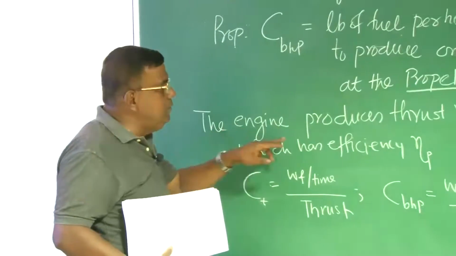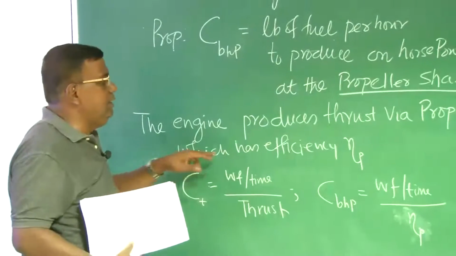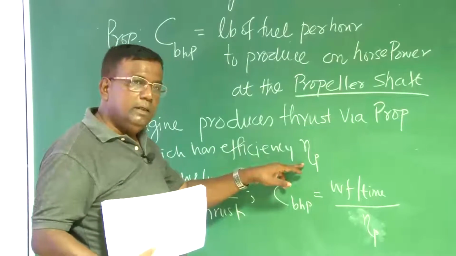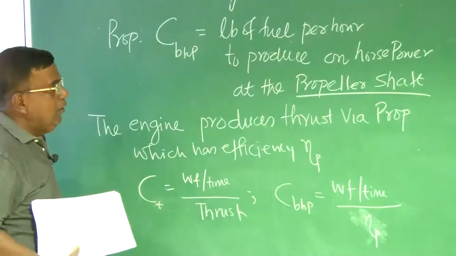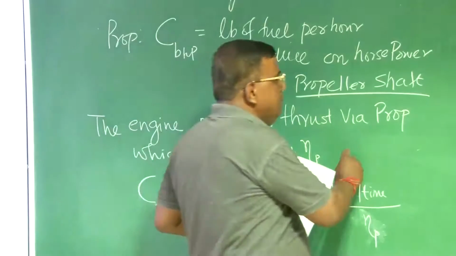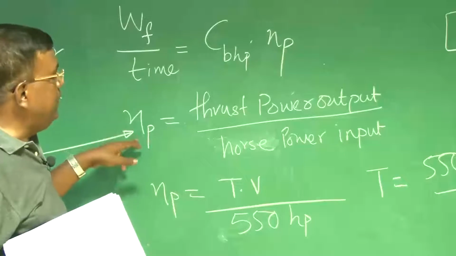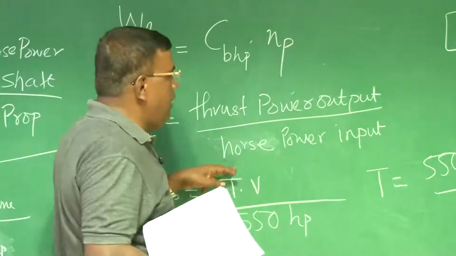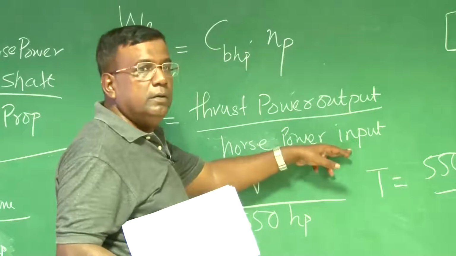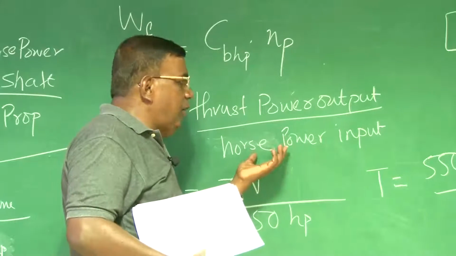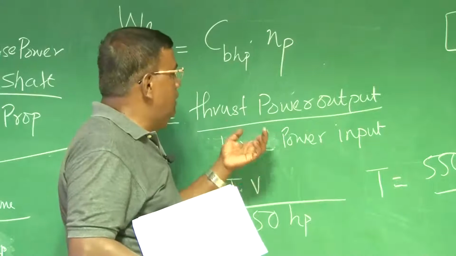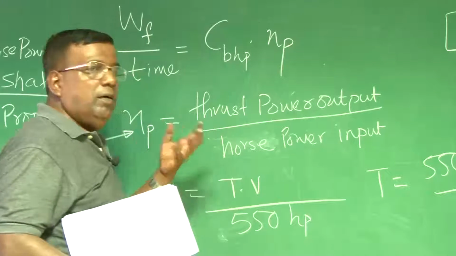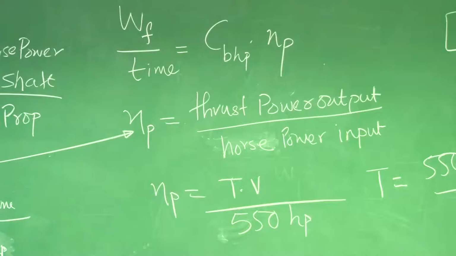The engine produces thrust via propeller which has efficiency eta P. Now if you see the definition of eta P, it is defined as thrust power output divided by horsepower input, because this is the horsepower available at the brake, and finally the thrust power output you are getting is what makes the airplane move.